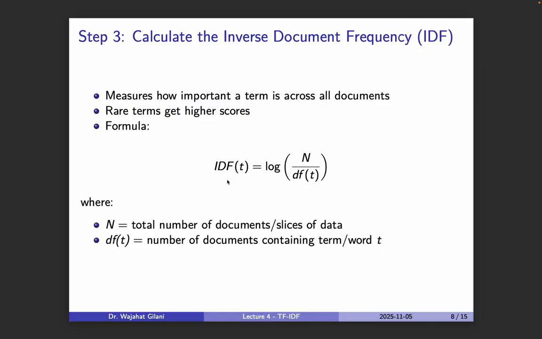First, let's calculate our IDF, our inverse document frequency. It measures how important a term is across all documents, and rare terms get higher scores. That is a function of the definition. As you remember, we are taking a log. First of all, our numerator is N, the number of documents.